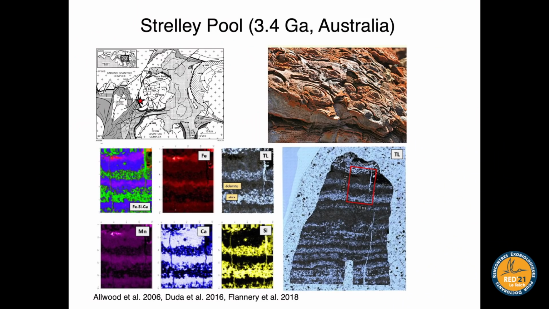One of the best examples of Archean stromatolite is from Strelley Pool, in Australia, in the Pilbara craton. This is on this little star. And here we have very beautiful, very well preserved stromatolite. You can see it here on the outcrop, with the thin section of the picture, and also the chemical map.